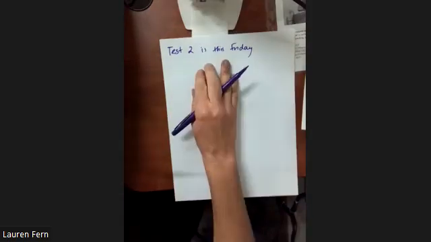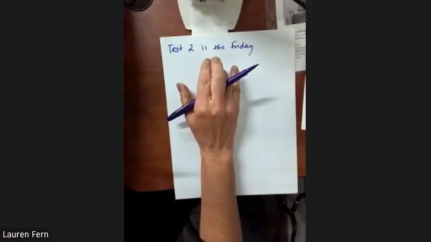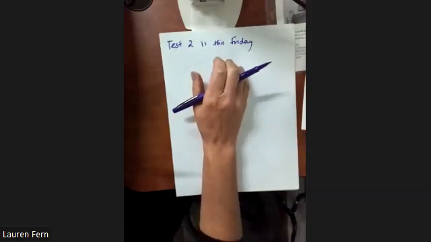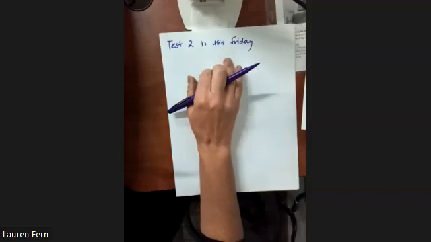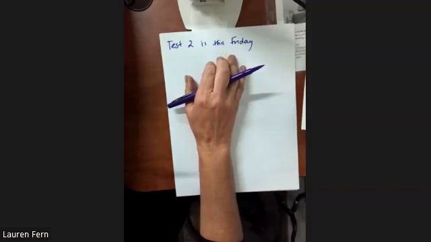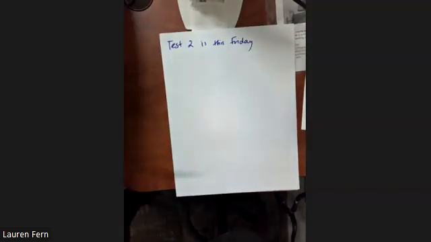So test 2 this Friday, you need to have a calculator. Okay, you do need to compute like a binomial. You do need to compute the normal distribution like what we're doing today. This is partly why we have those free calculators to check out so that it doesn't pose any sort of financial burden to anybody.